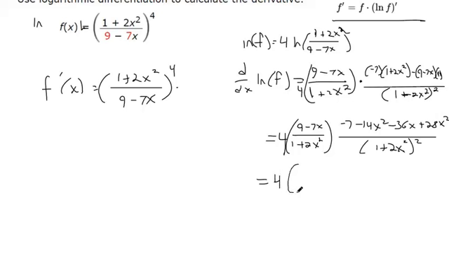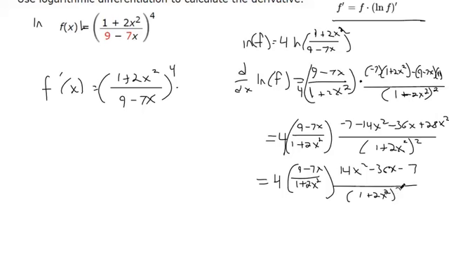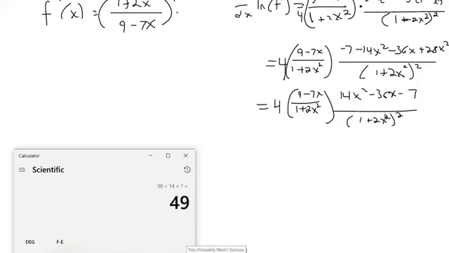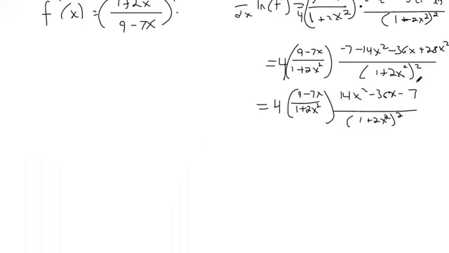And then we can still clean up the numerator a bit. Combining like terms, we've got 14x squared minus 36x minus 7. Quick check to see if that can be factored. Multiply the first and the last. I don't think it can. Numerator can't be factored, I'm pretty sure.